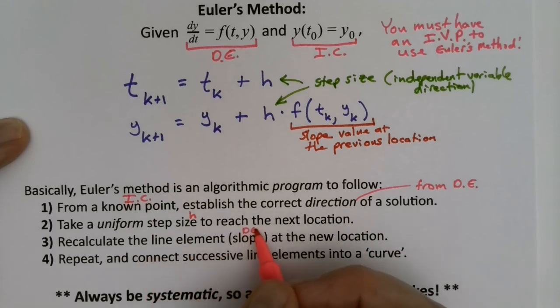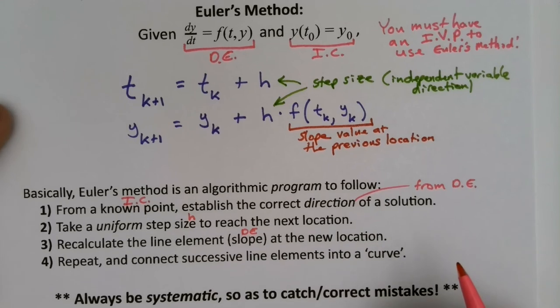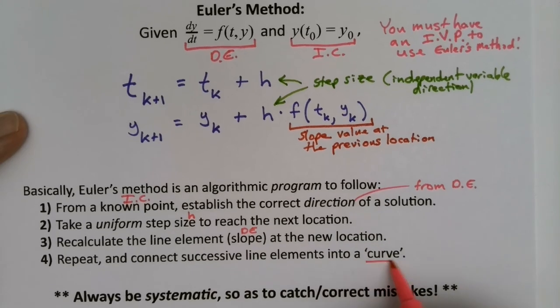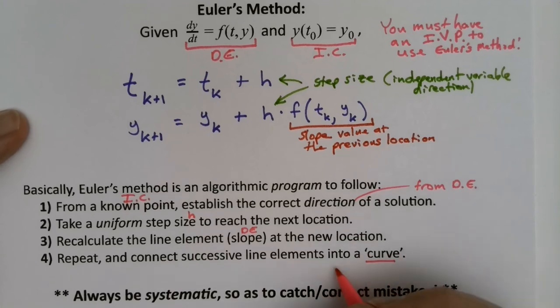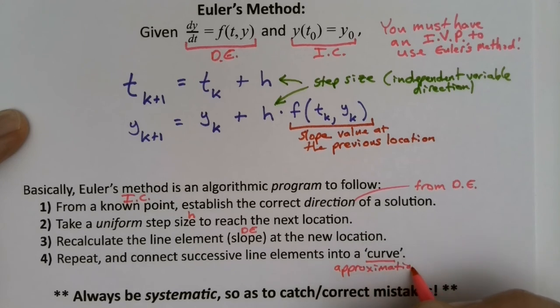That's the dE at the new location. And then repeat the process. Take a uniform step to reach the new location. And in the end, you wind up with a bunch of little line segments that connect to form an approximation of the true solution curve. And that's what we call the curve. It's not much of a curve, all those line segments, but that's the approximation of the solution curve.